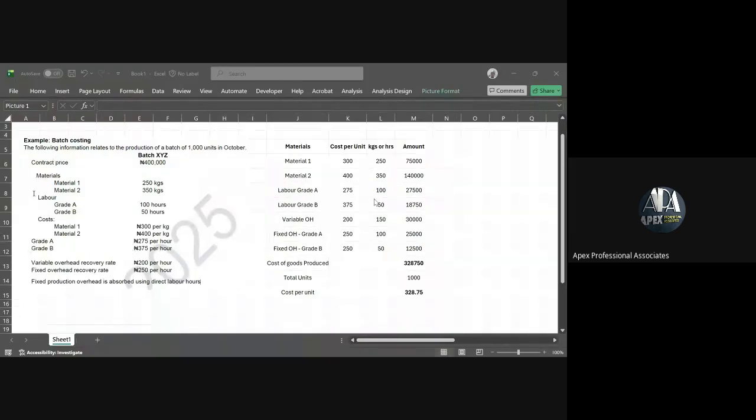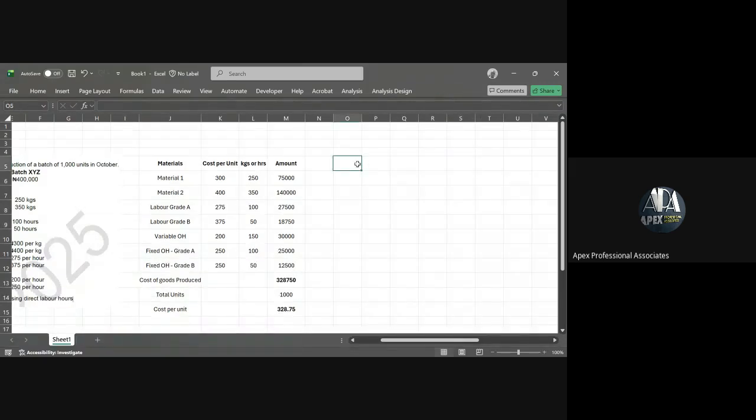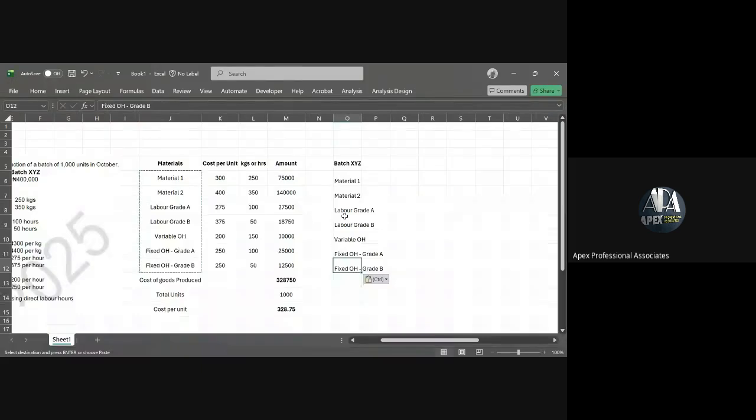Okay, let's quickly demonstrate it so that you will see what I'm trying to say. Let me open a new GL, batch XYZ. If you are following, what are the materials we have? These are the materials. Do you understand? Hello?